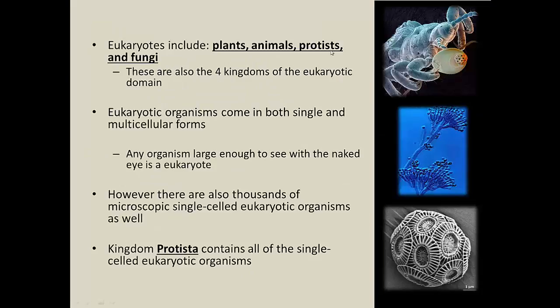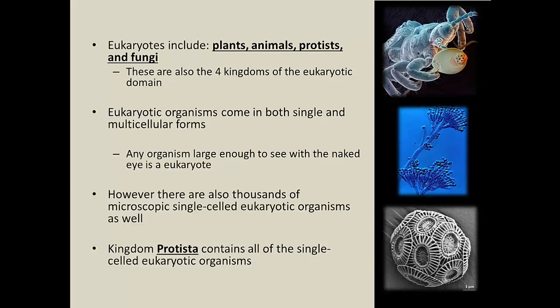Eukaryotes, here's a review of what types of organisms those are. I mentioned that they come in both single and multicellular forms. Only organisms large enough to see with the naked eye are always eukaryotic. If it's a microscopic organism, it could be either a eukaryote or a prokaryote.